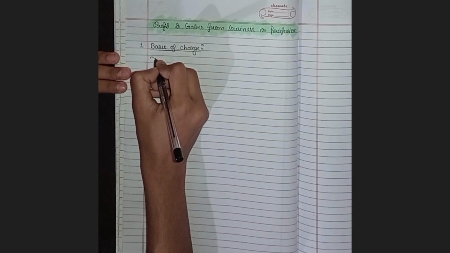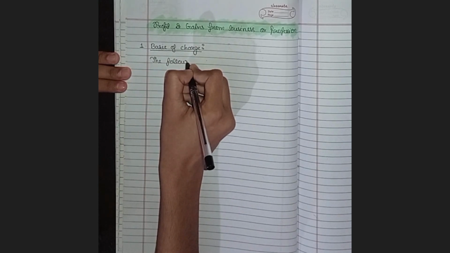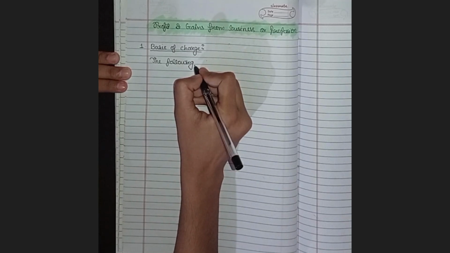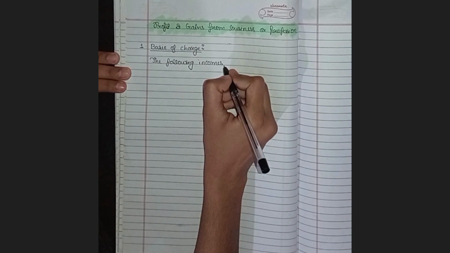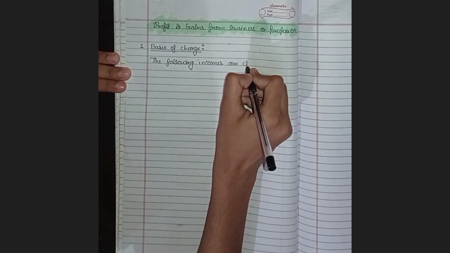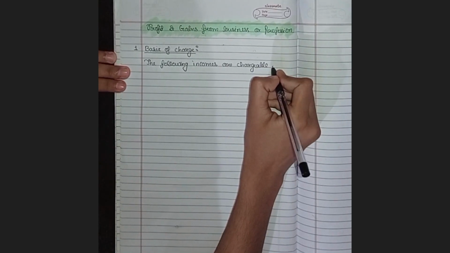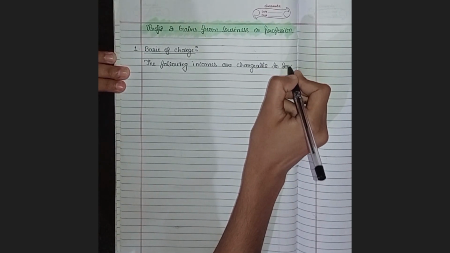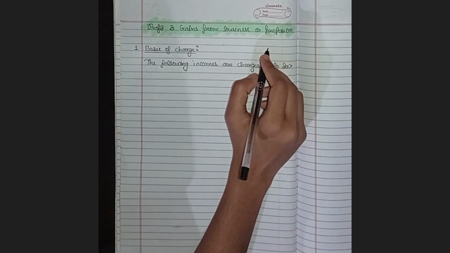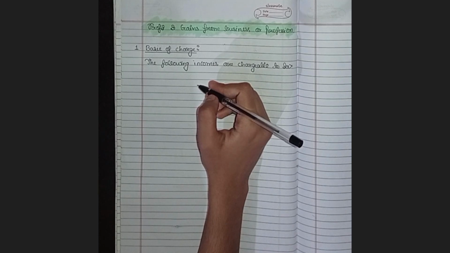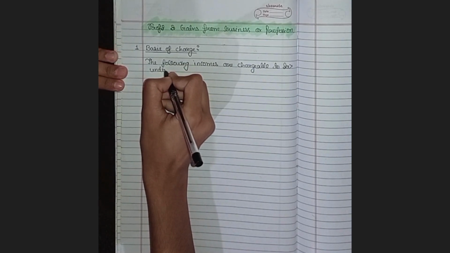So we would be writing the following incomes are chargeable to tax under the head PGBP.